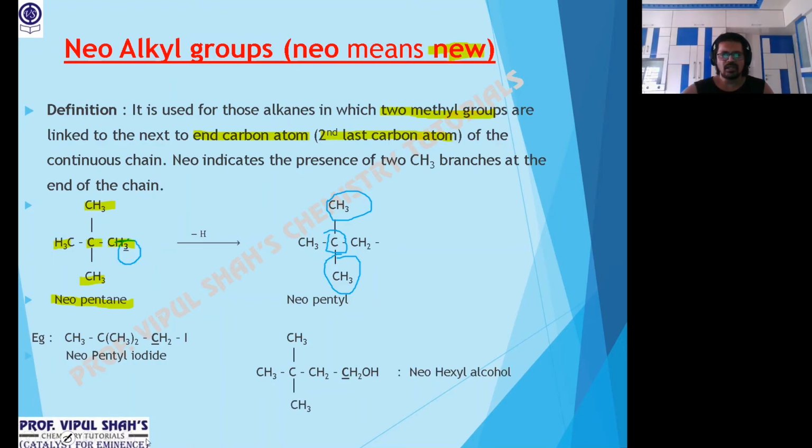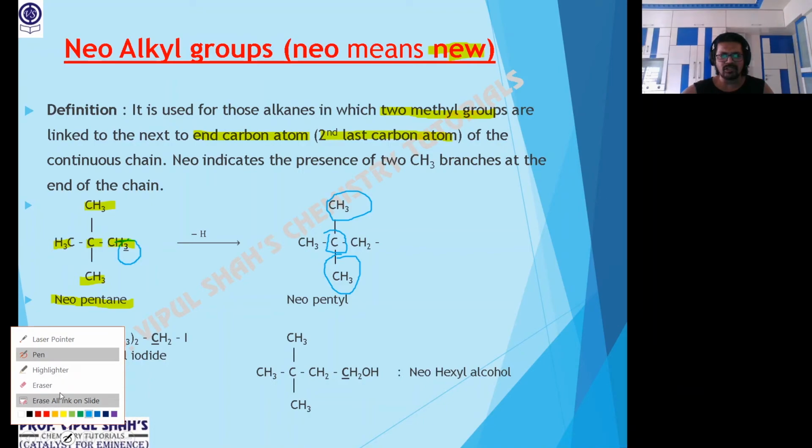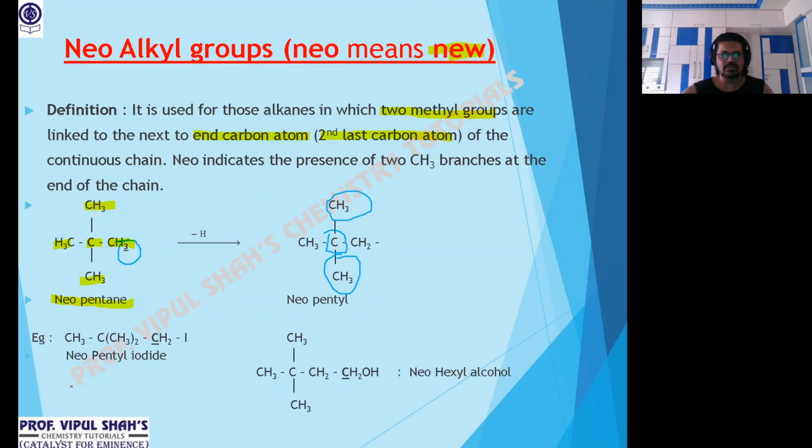Now look at this. Neopentyl iodide. Let's try framing the structure now. If I'm trying to frame the structure, this will be like this. First of all, the valency which is short, so that is C. So I put a C here and I'll put four valencies. One side it's methyl.